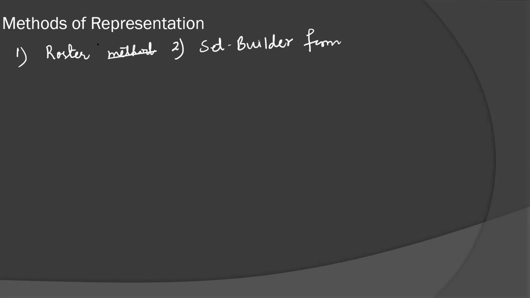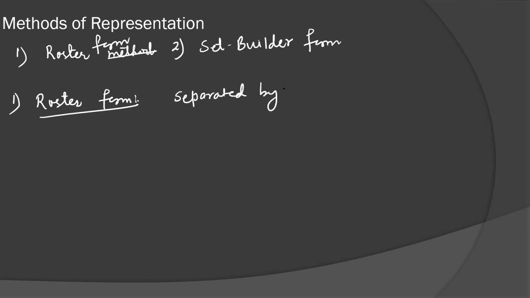Roster form is separated by comma only. This definition I got from NCERT class 11. The elements we write in the set are separated by commas. That representation will be the roster representation.